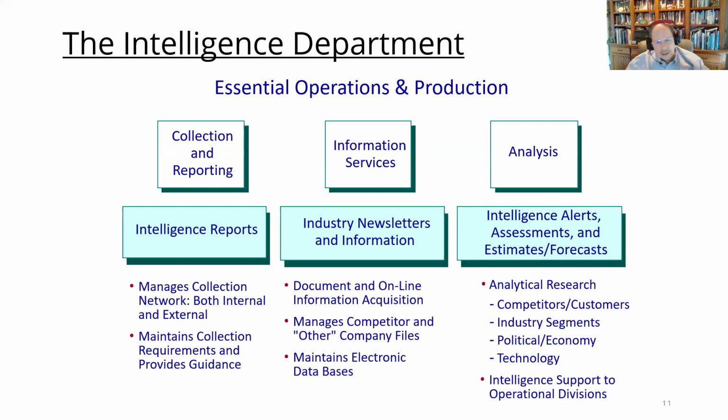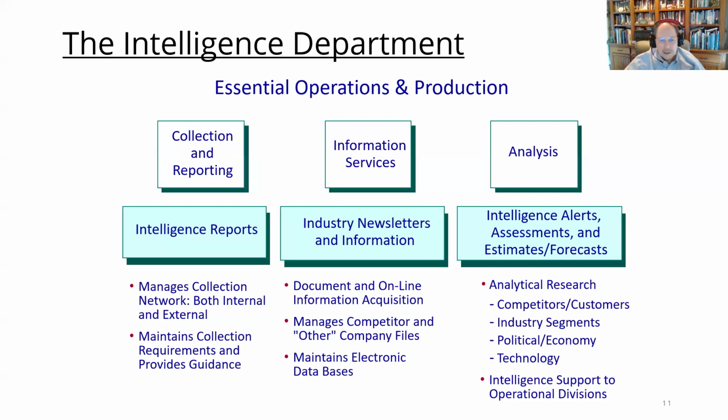And it may be that each of these three groups, and again, you're seeing the same three groups: collection, information, and analysis. The difference here is because you have these three functions staffed with a higher number of people in each one, they can specialize in each of the areas that are listed below them.